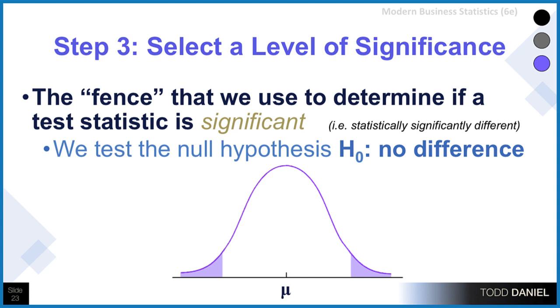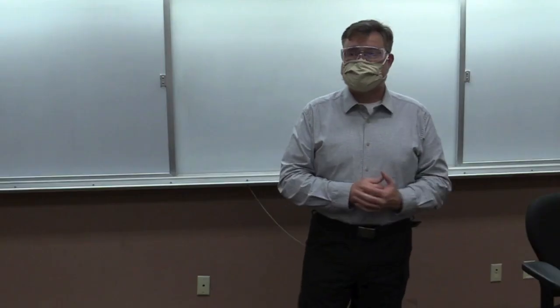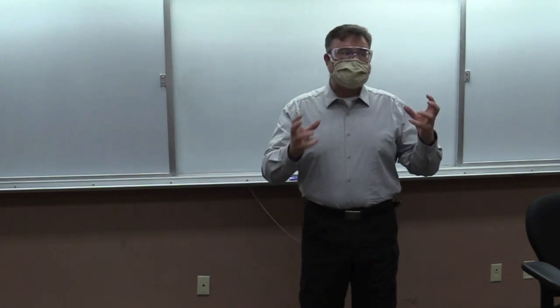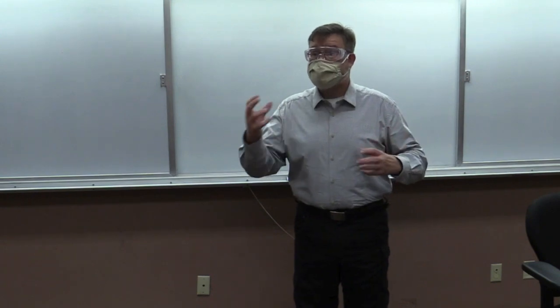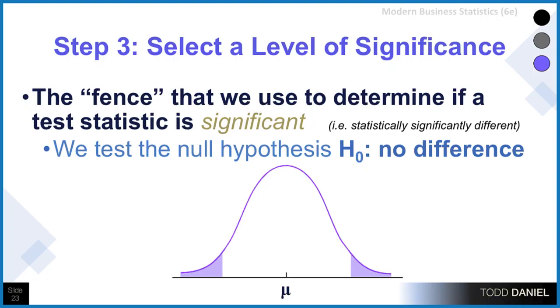You probably have already heard about this, 0.05. So what I've done in this normal curve is I have taken 5% of the curve, and I've actually taken two sections of 2.5%, and I've put them on either end of the curve.